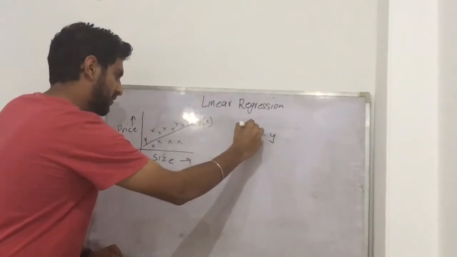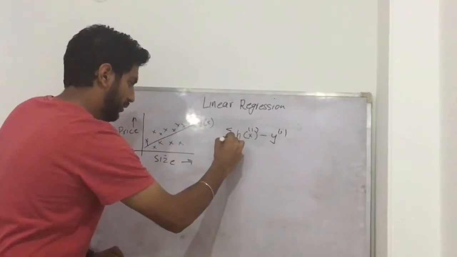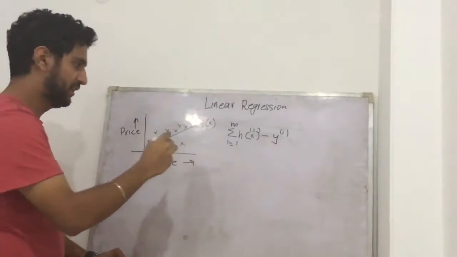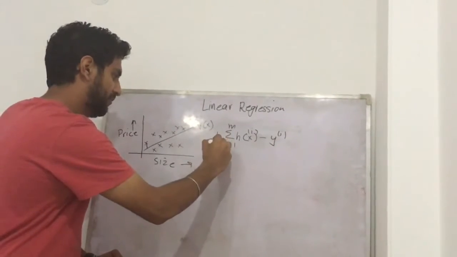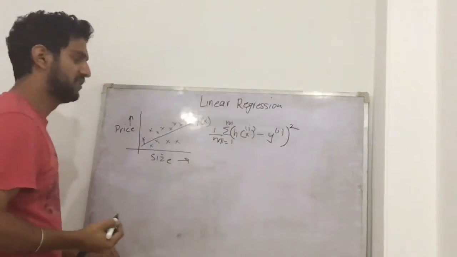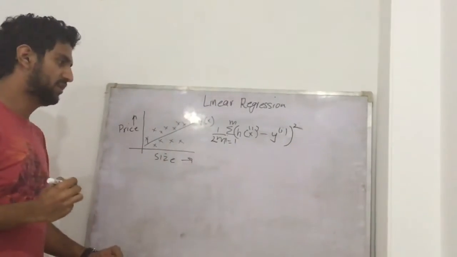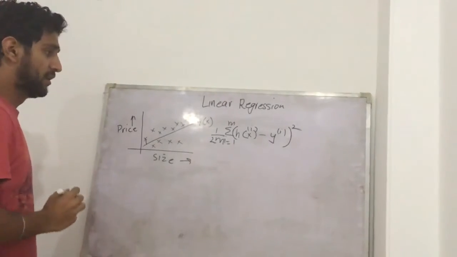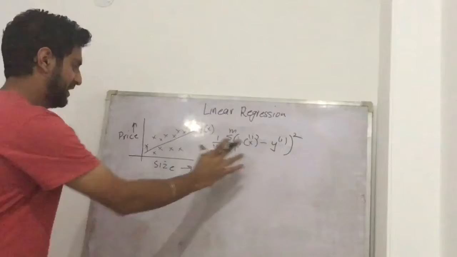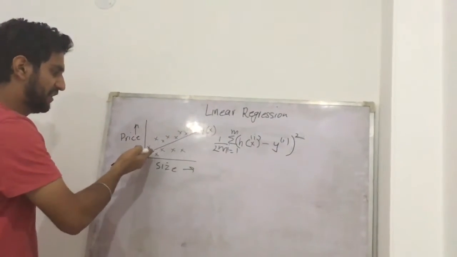We do this for all the points. Take the sum i equal to 1 to m, where m is the number of data points in this set. Take the average, 1 upon m. Square this, we need to find the squared error, and put a 2 here, which is used for minimization. Now this is our cost function. Our objective is to minimize this cost function, which minimizes the errors, and we get this line.